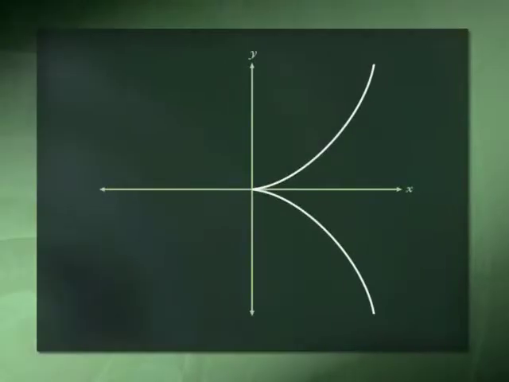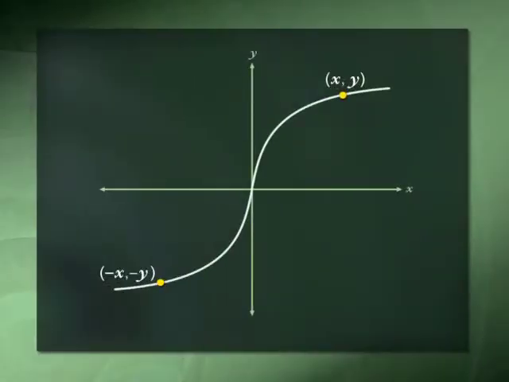Now there's symmetry with respect to the x-axis, and it's very similar. If a point (x, y) is on the curve, then so is the point (x, minus y). And finally, there's the idea of symmetric with respect to the origin.